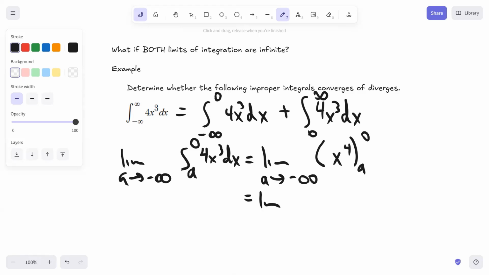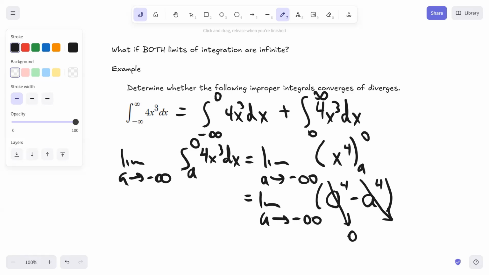So this is the limit as a approaches negative infinity of 0 to the 4th minus a to the 4th. This becomes 0. This becomes infinity, so it'd be minus infinity. So that equals negative infinity. Now, there's no need to continue because if one or both of those improper integrals diverge, then the whole integral diverges.